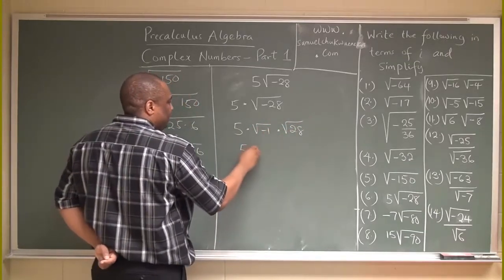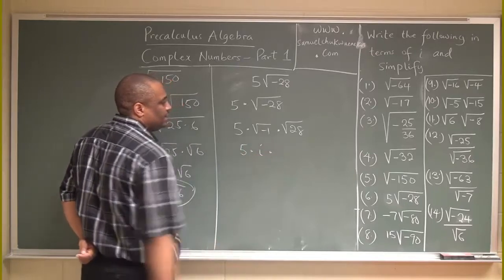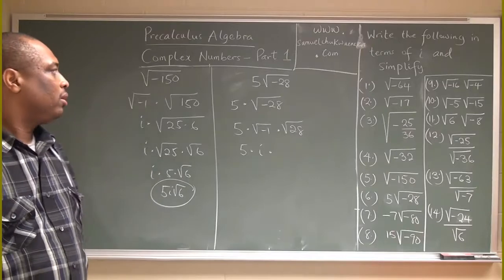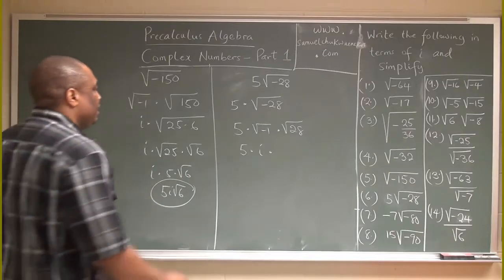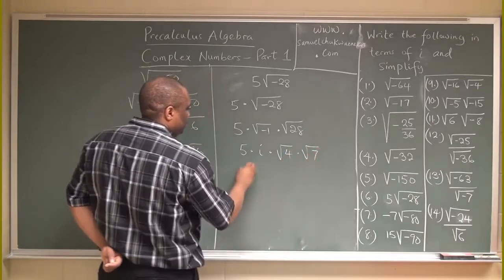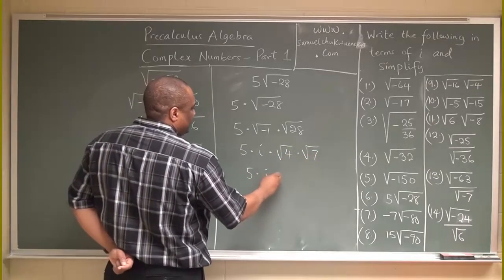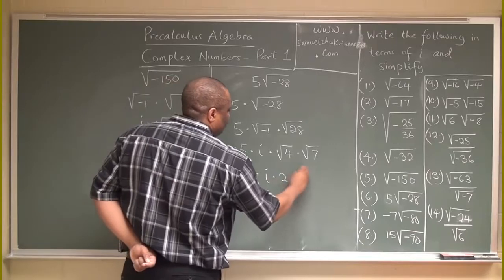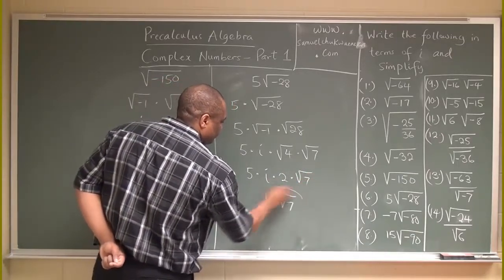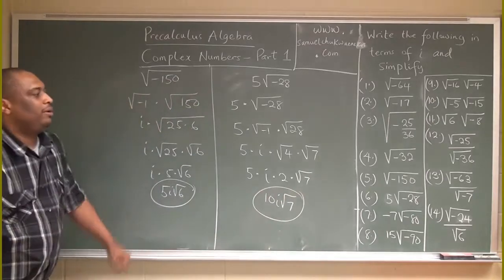So this means 5 times i times square root of 28. Can we simplify it? 2 and 14 will not work. Yeah, 4 and 7 we can: square root of 4 times square root of 7. So 5 times i times 2 times square root of 7, which is 10i square root of 7.